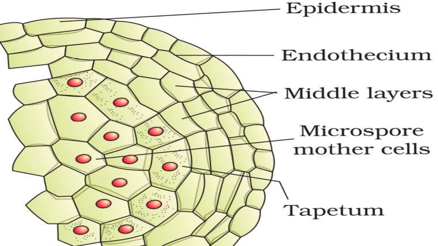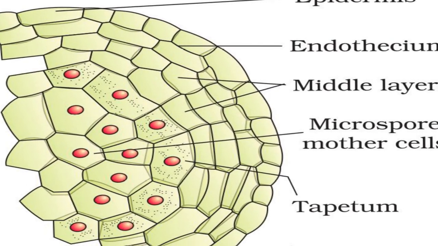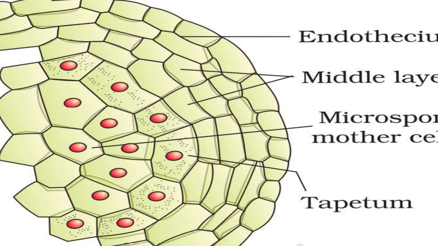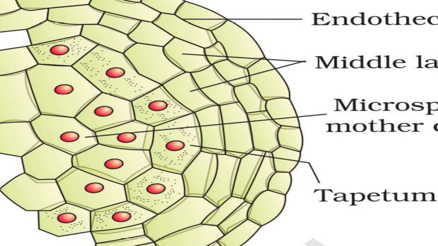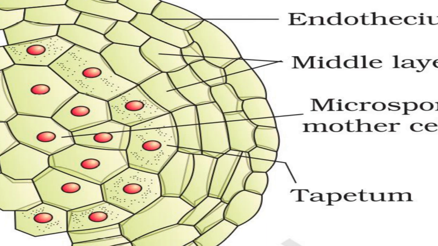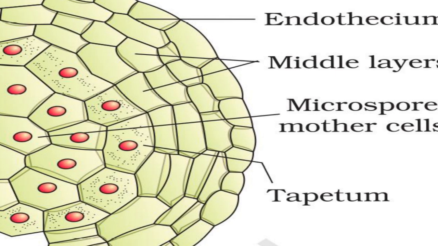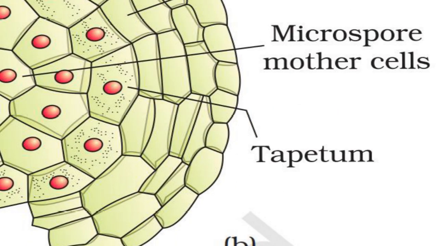Sporogenous tissue. In the center of the microsporangium, there is a group of compact, homogeneous cells called sporogenous cells. As the anther matures, these cells act as microspore mother cells. The mother cells undergo meiosis, forming a microspore tetrad, a group of four haploid microspores.